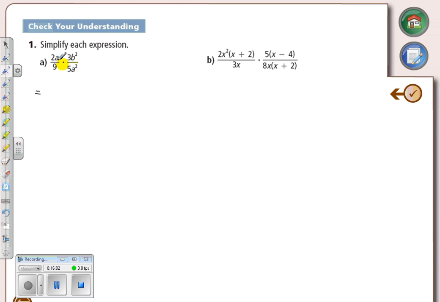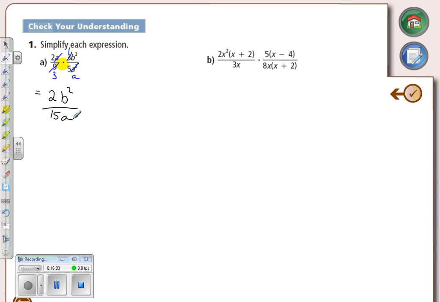This one, I've got an a and an a squared, so I can take that down to just a to the 1. But I also have a 9 and a 3. I can divide that by 3, gives me a 1. Divide that by 3, gives me a 3. And we get left with 2b squared over 3 times the 5 gives me 15a.